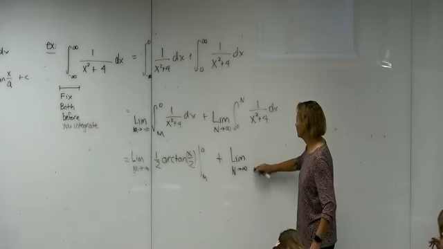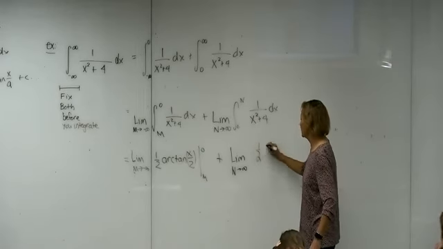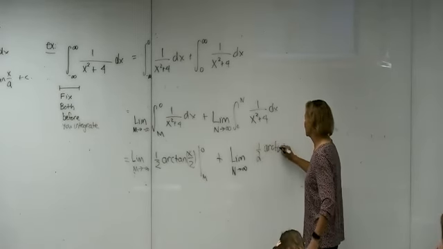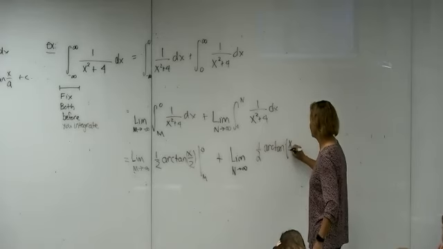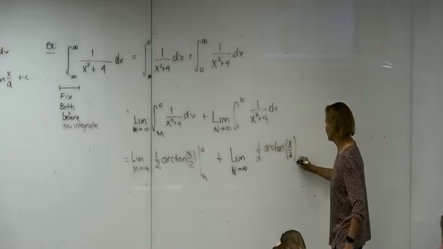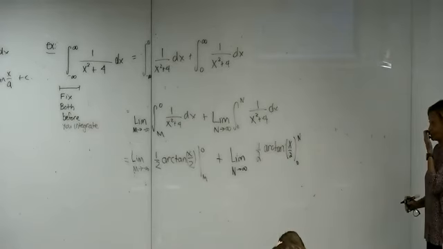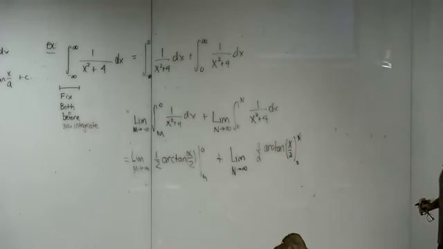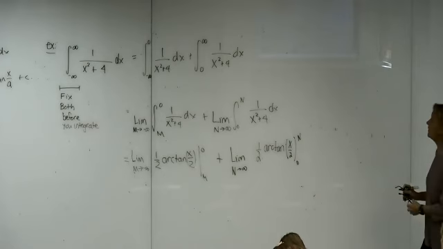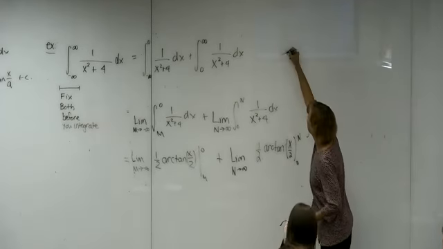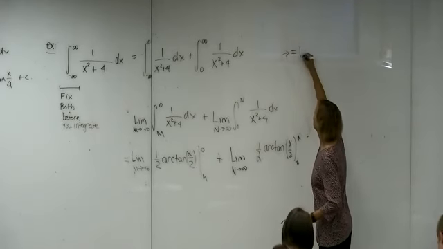Oops, 1/2 arctangent of x over 2 from 0 to n. So I'm going to put the 0 in there and the m.